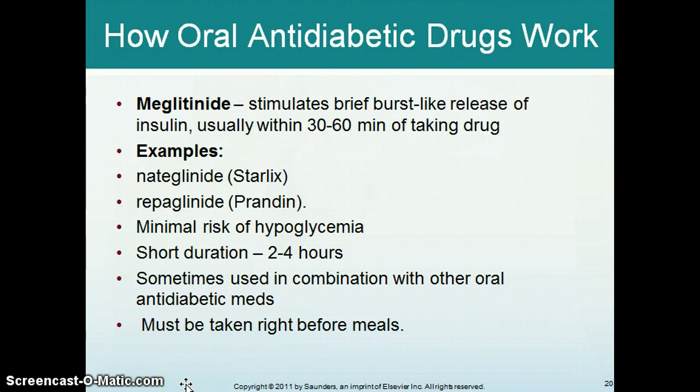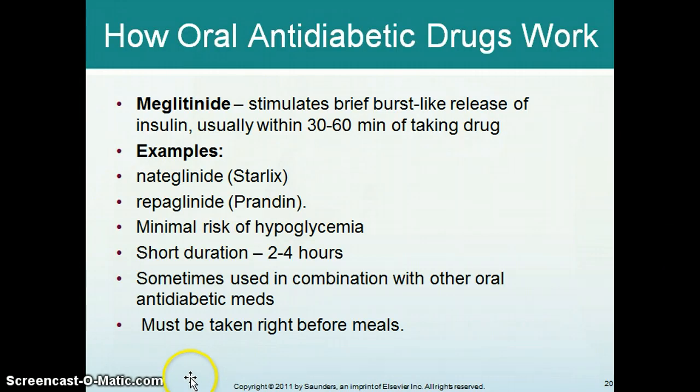Examples here include nateglinide, repaglinide.